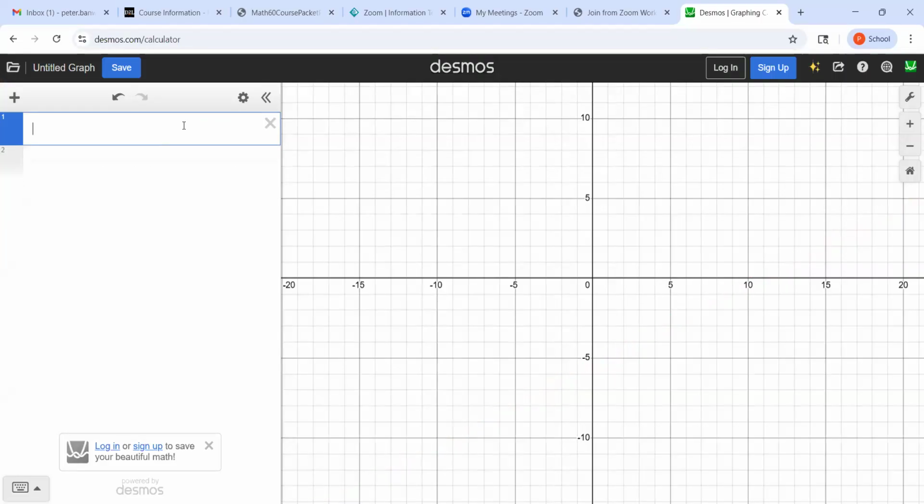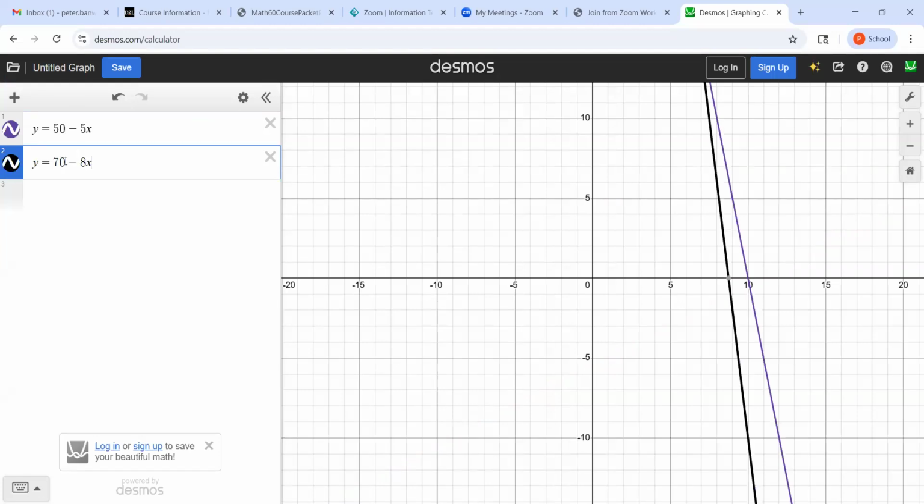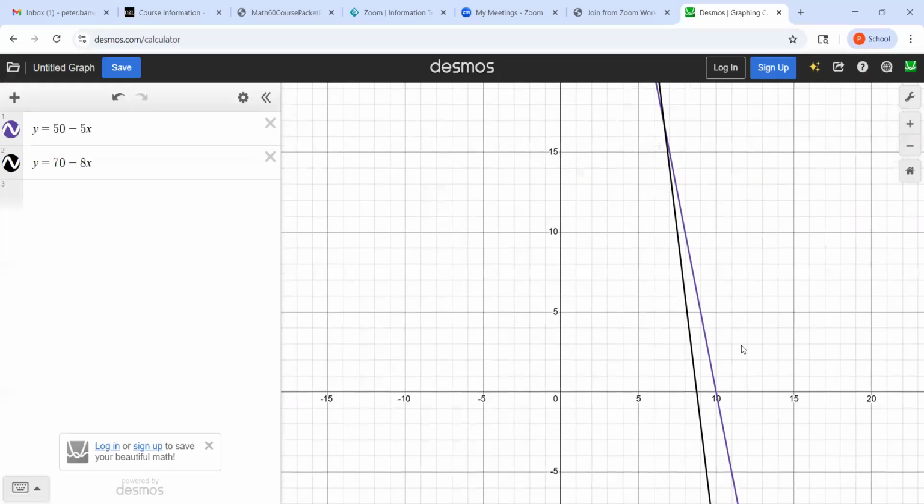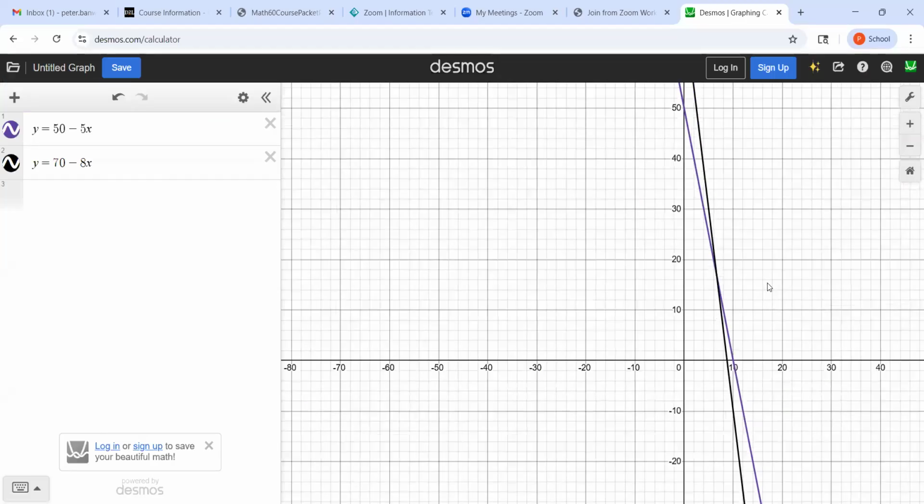So one of our equations was y equals 50 minus 5x, and the other was y equals 70 minus 8x. Zoom out a little bit, and I can see that although Joe's getting closer to the end zone, Fanny looks to be catching up, and there's that intersection point.